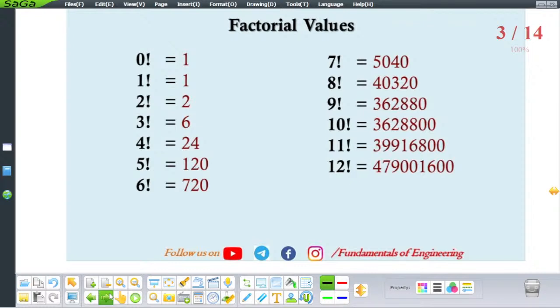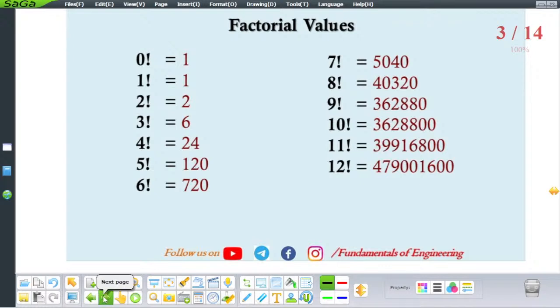No need to do all the calculations, like if you want to calculate 9 factorial, 9 into 8 into 7 into 6, 5, 4, 3, 2, 1. No need to do that. Directly remember this answer, that is 362880, the value of 9 factorial. So hope you have taken the screenshot.